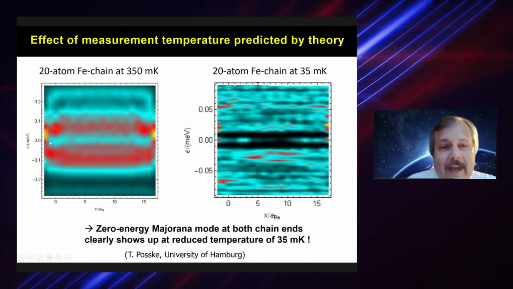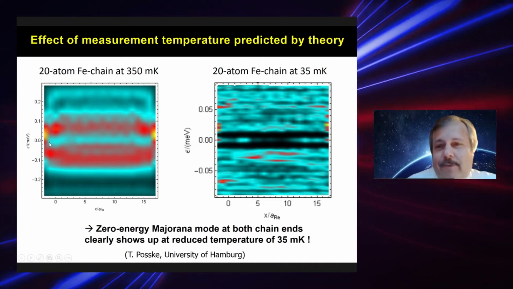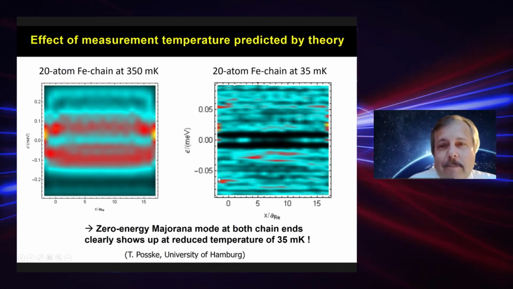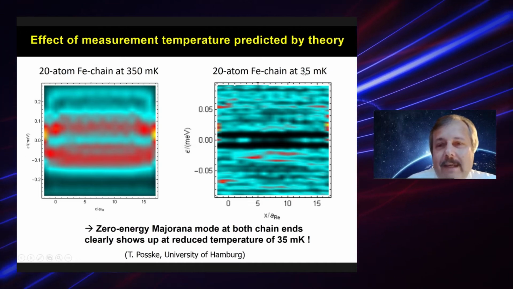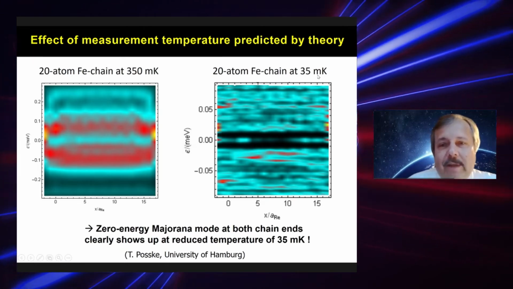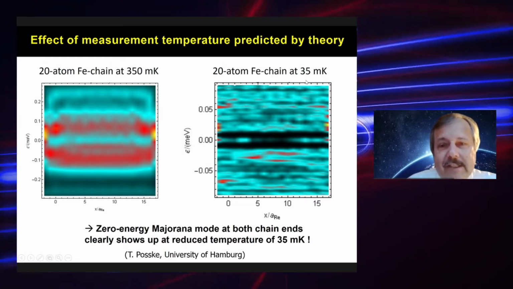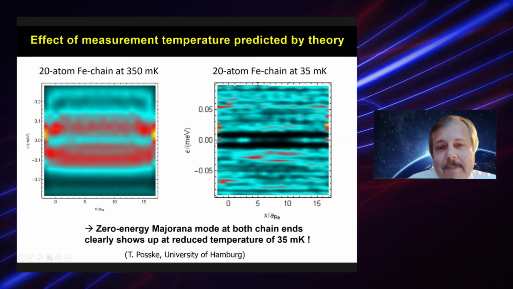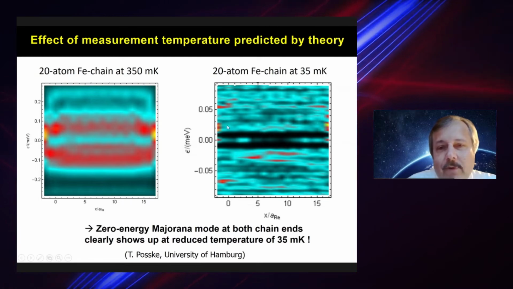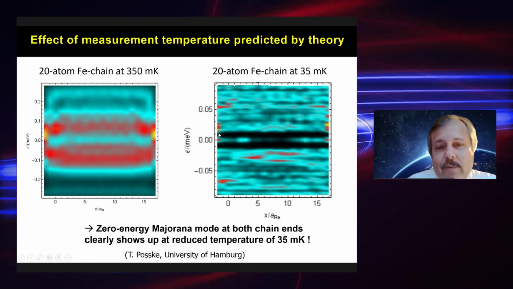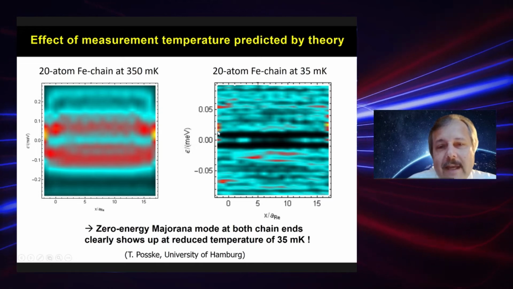Now, in theory, of course, we can go to lower temperatures immediately. This can be modeled, and this has been done by Tore Posske. He modeled the situation for 35 millikelvin. This is a temperature which we can reach, for instance, with a dilution refrigerator system. And now you can see that the zero energy mode is becoming very nicely separated from the finite energy Shiba bands. There's a clear gap in between the Majorana modes and the Shiba bands.